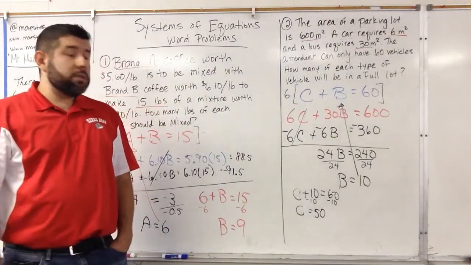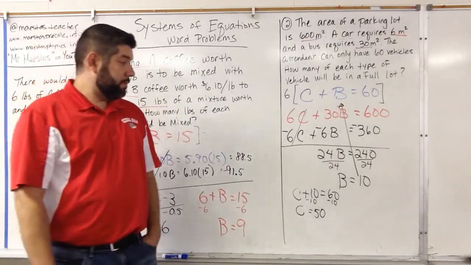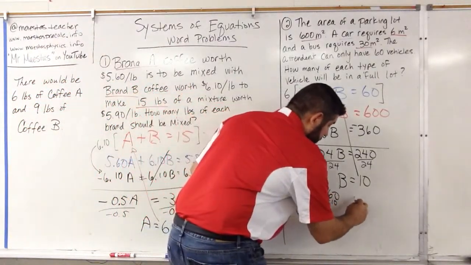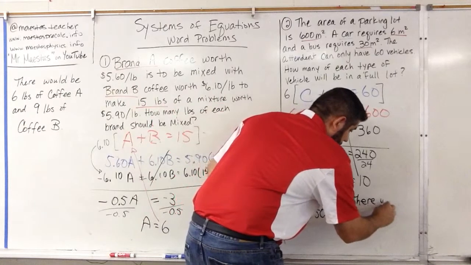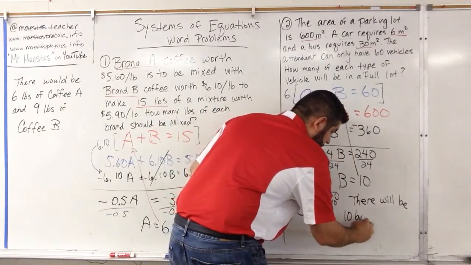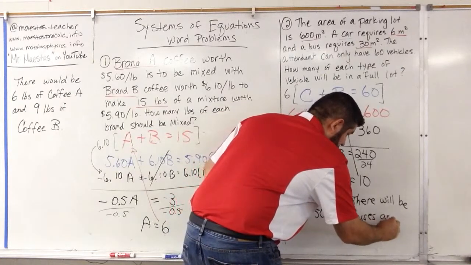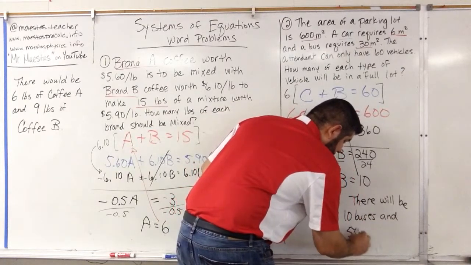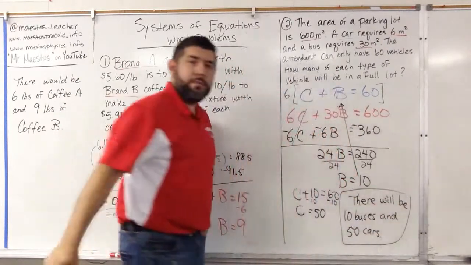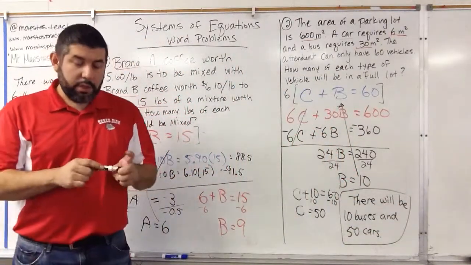So we would want to write this in a complete sentence. There will be 10 buses and 50 cars. Okay, there would be 10 buses and 50 cars.